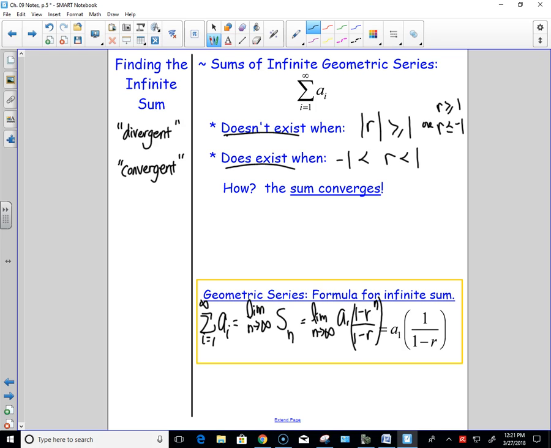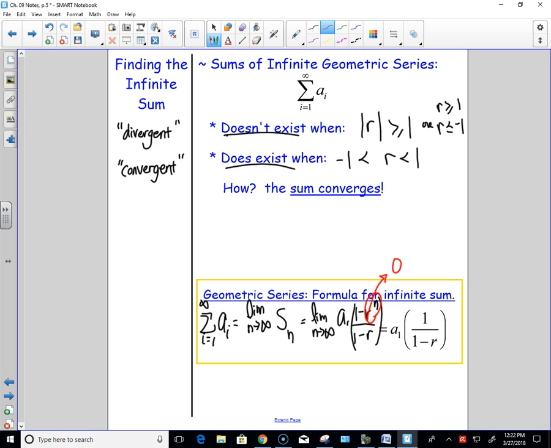What's going to happen to this little piece right here? It's going to get smaller and smaller, 0.0, 0.00, 0.0000. This piece is going to approach, using that arrow again, 0.